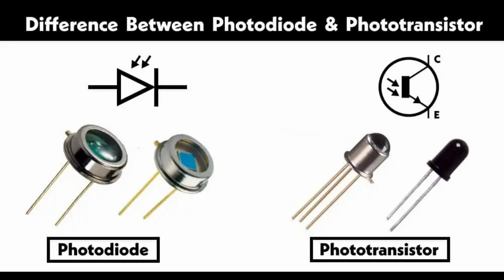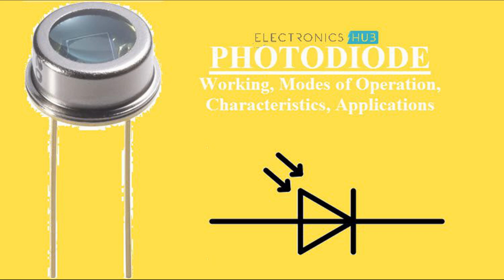UV radiation measurement. Photodiodes are used to detect ultraviolet, UV light for measuring UV radiation levels in environmental monitoring systems, skincare applications, and UV sterilization processes. Pollution detection. In air pollution monitoring, photodiodes detect light scattered by particulate matter in the air, helping to quantify pollution levels.